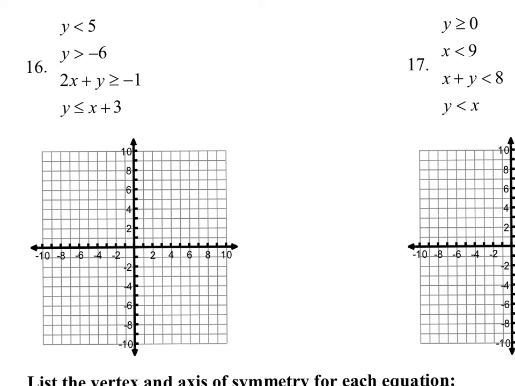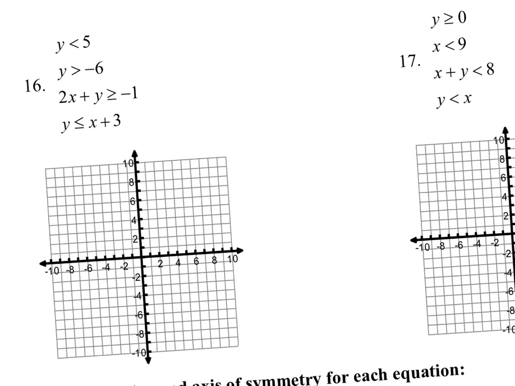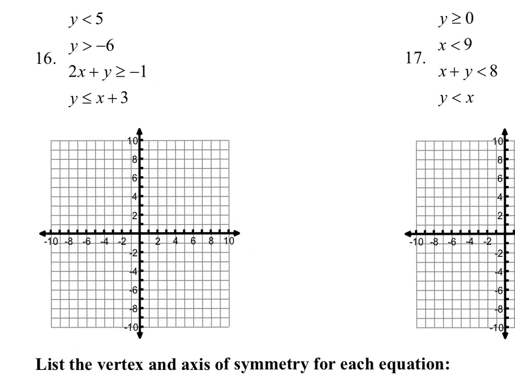That's going to be a horizontal line, and it's going to be a dashed line since it's less than. And that's going to go down since it's less than. And then we have y is greater than -6. So once again, a horizontal line because y equals creates a horizontal line. And since it's greater than, it needs to go up.